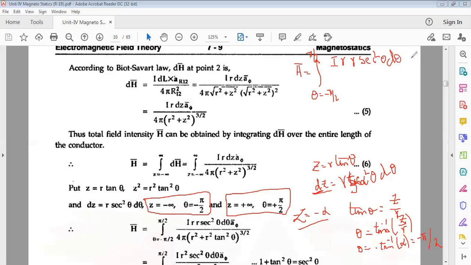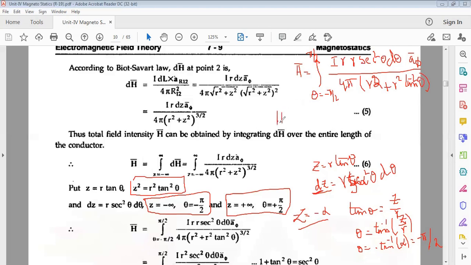And in the numerator there is a phi bar, whole divided by 4 pi, which is a constant, into R square in the denominator. Now what is the z square here? See, z square is equal to R square tan square theta. So R square plus R square tan square theta.